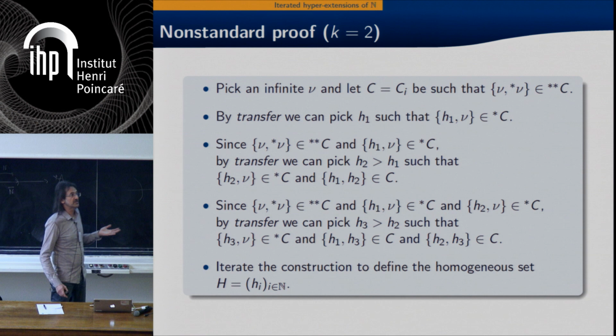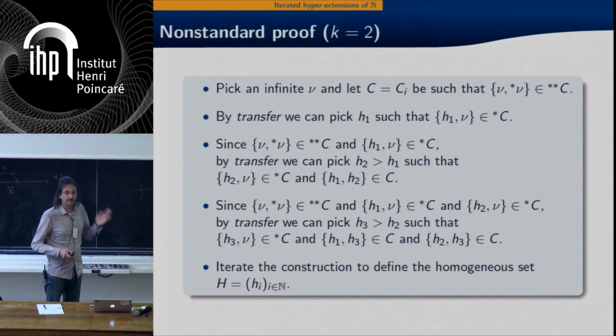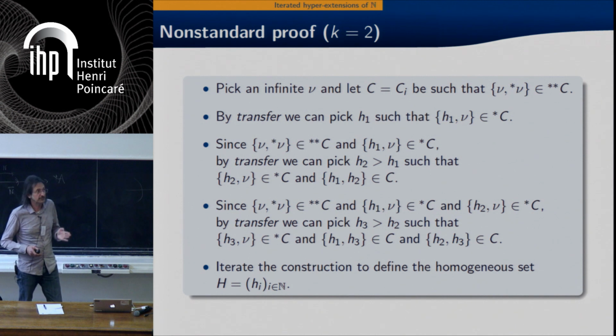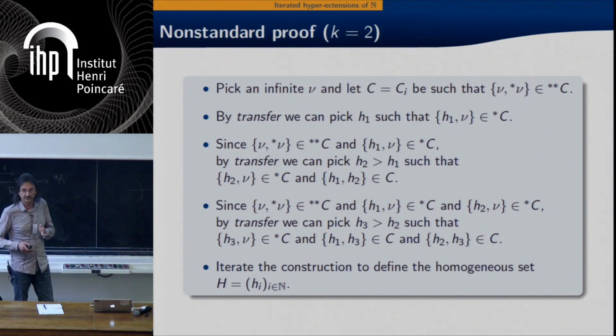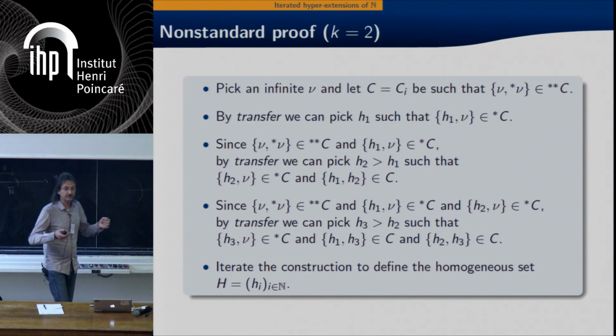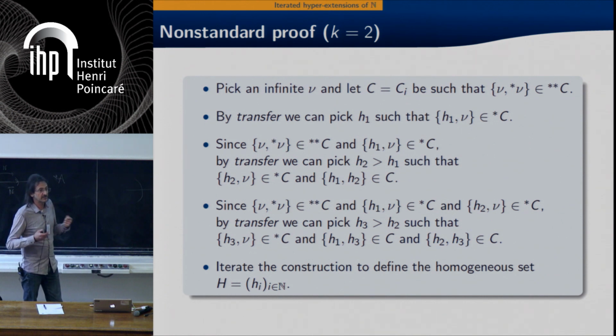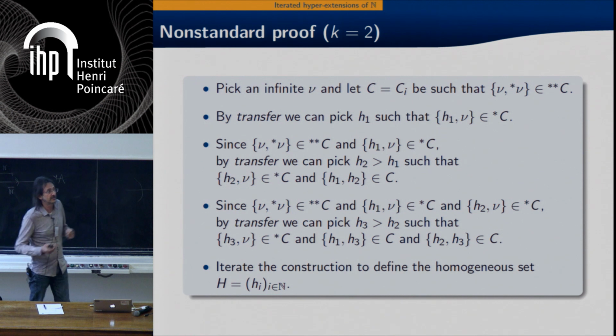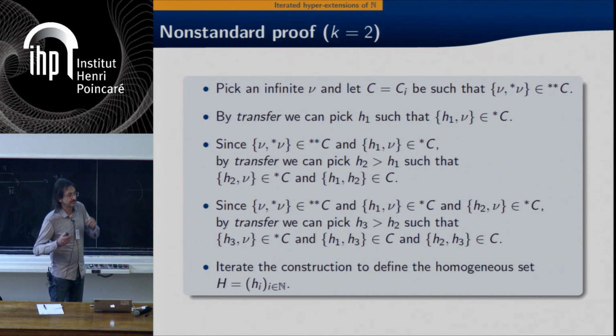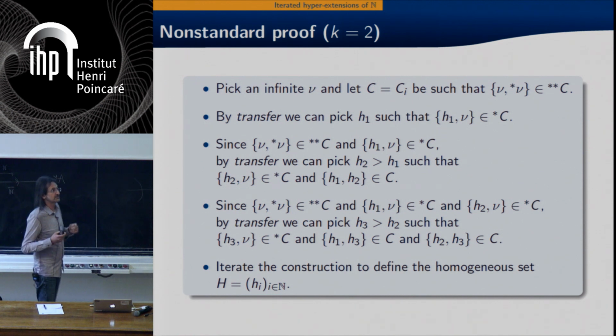The property we are using is that there exists an element such that the pair of that element with star Ni belongs to star star C. Now the same property by backward transfer will tell you that there must be some H1 so that the pair H1 and Ni belongs to star C.